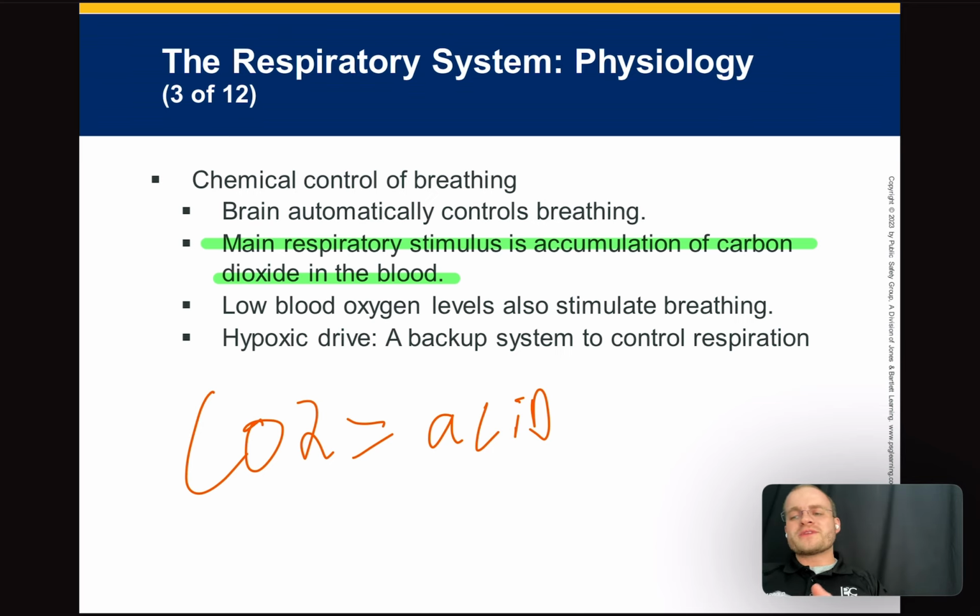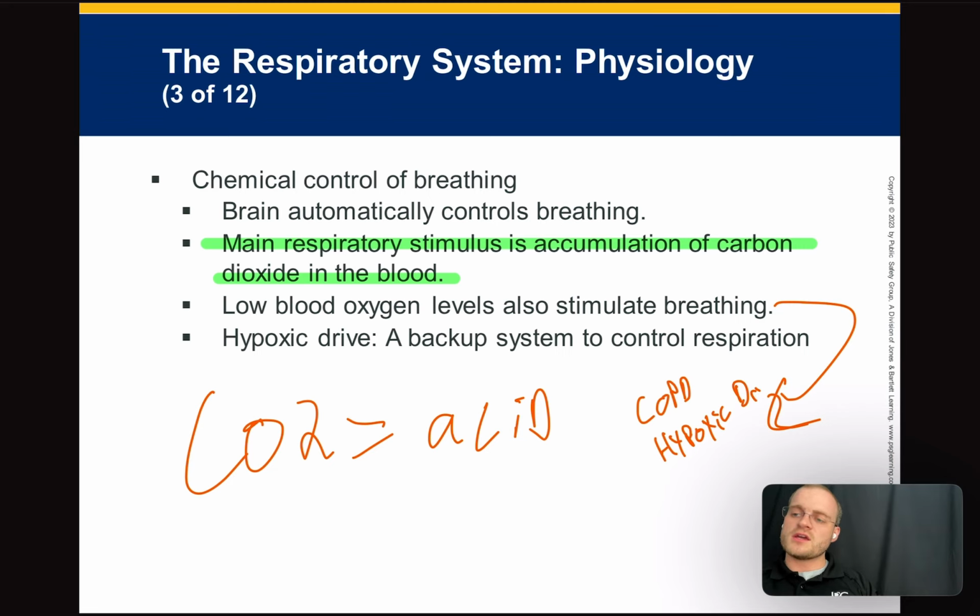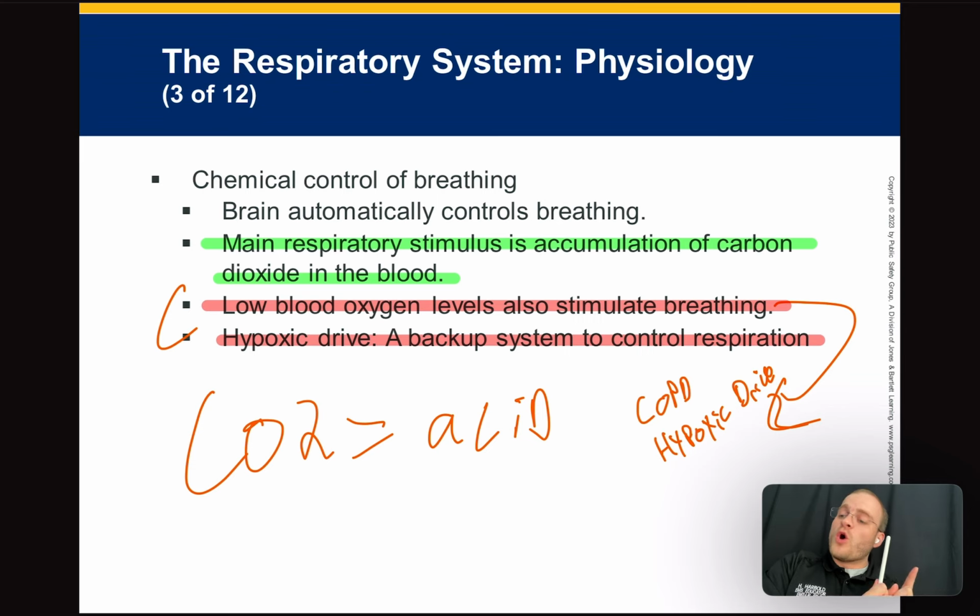So where we see this, I hate that your book even mentions this because it's an exception, not the rule, is in COPD in a condition called hypoxic drive. Oh, and it's on the slide, right? So these two are together. So let me highlight these two in the same color because I don't want you all to get confused. So low blood oxygen levels will stimulate you to breathe when the normal system has failed. Where does this happen? I'll tell you. In a disorder called chronic obstructive pulmonary disease. Who gets chronic obstructive pulmonary disease?